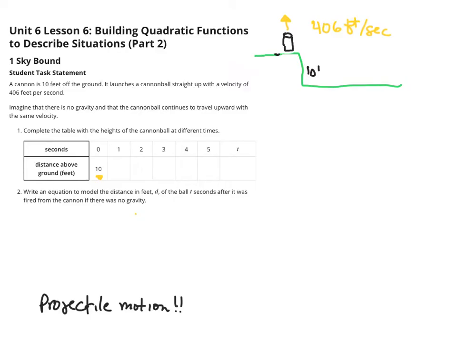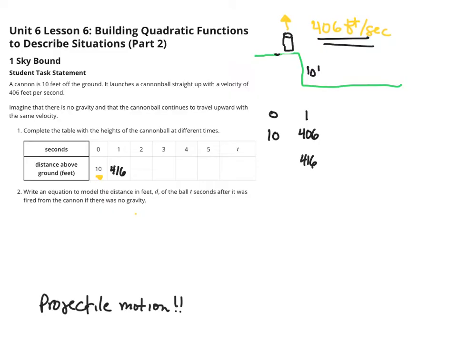Heights of cannonball at different times. So at time equals 0, we are at 10 feet. When time equals 1, we're going 406 feet per second. So 1 second would be 406 feet. But we have to add that to 10, so we're at 416 feet.